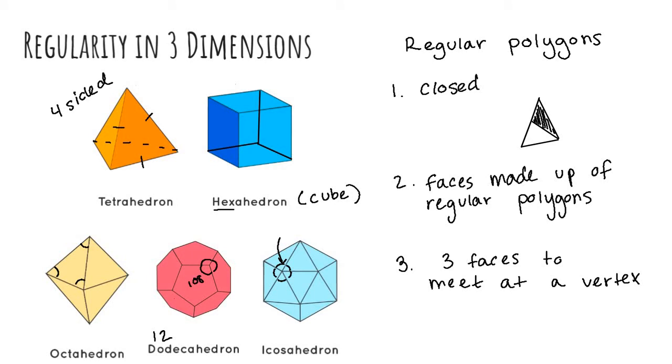Now, at those vertexes, or vertices, something special has to happen. And we're going to talk about this a little more at the next page. But basically, when we look at a vertex, the angles that meet up at that vertex have to be less than 360 degrees. Well, why? Let's take the example of making 4 squares meet at a vertex.